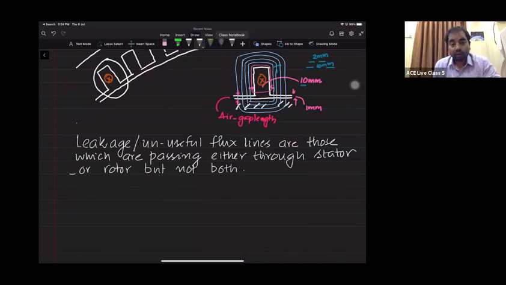Then what are mutual flux lines? The flux lines which are passing through both stator and rotor.